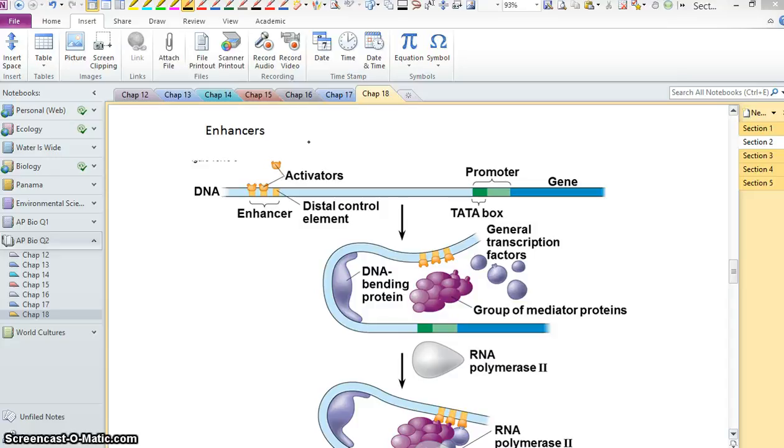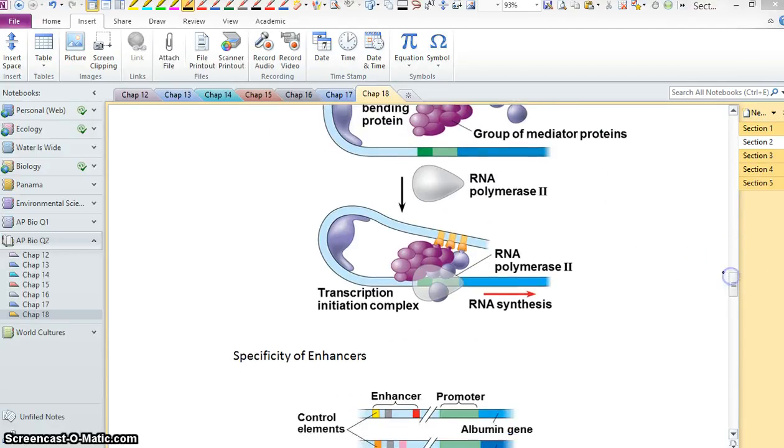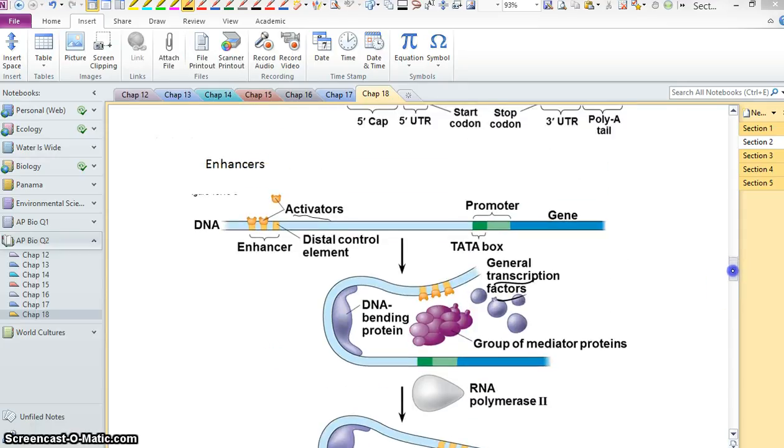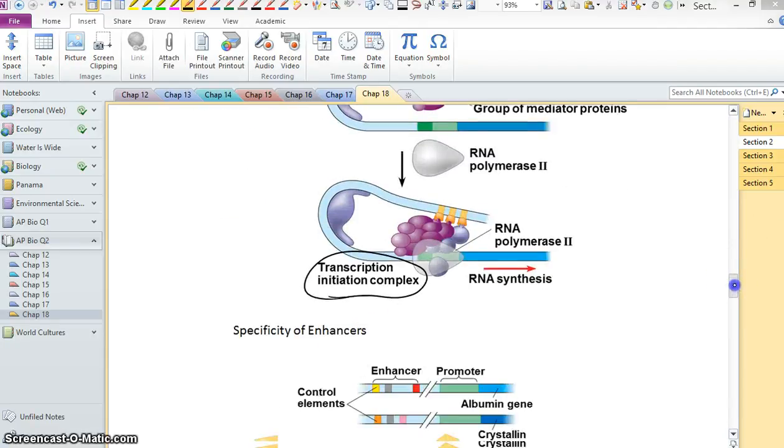In the presence of the activators and the transcription factors, they clump together, and the DNA literally bends, and you get what's called the transcription initiation complex. This whole thing, combined with RNA polymerase, initiates the process of transcription. So if the transcription factors or the activators are lacking, that's another way of not expressing the gene, not transcribing the gene.